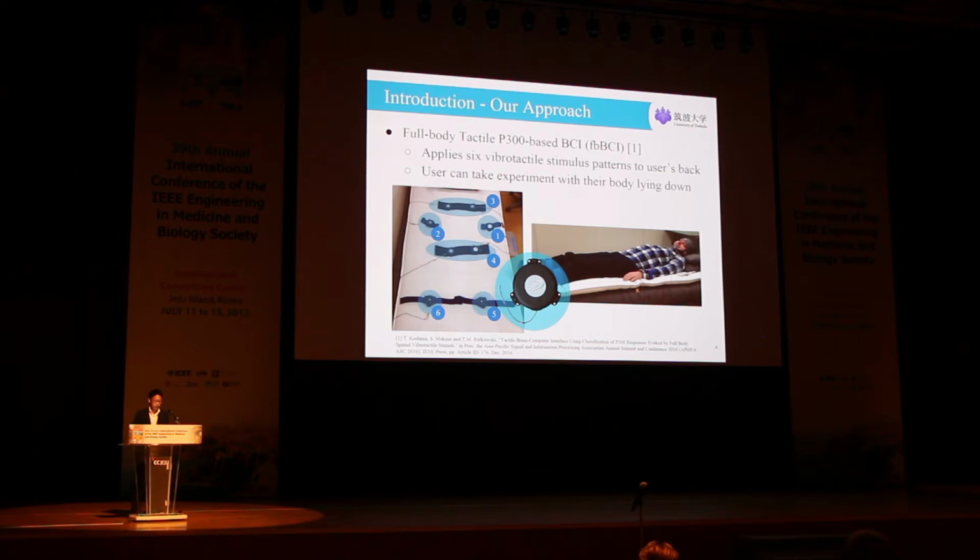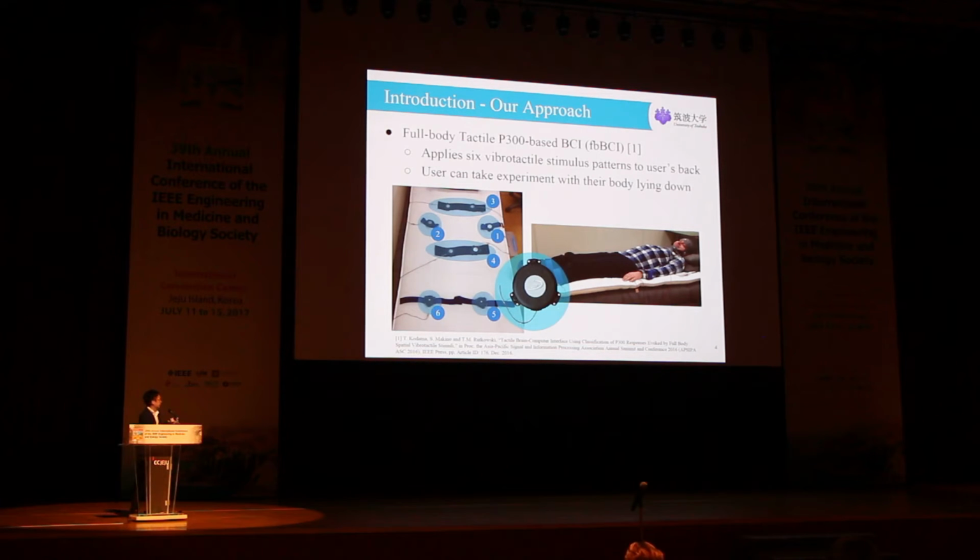This is our approach, the BCI which we are developing. We call it the FBBCI, which stands for the Full Body Tactile P300-based BCI. We apply six vibro-tactile stimuli to the BCI users during the experiment. This is the BCI user who is using this BCI.